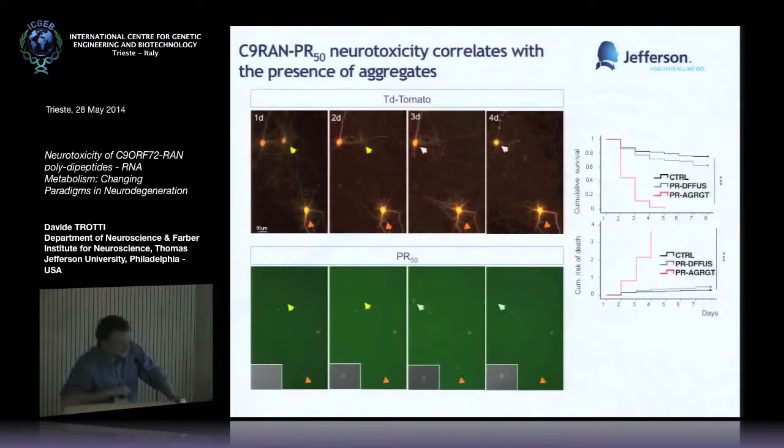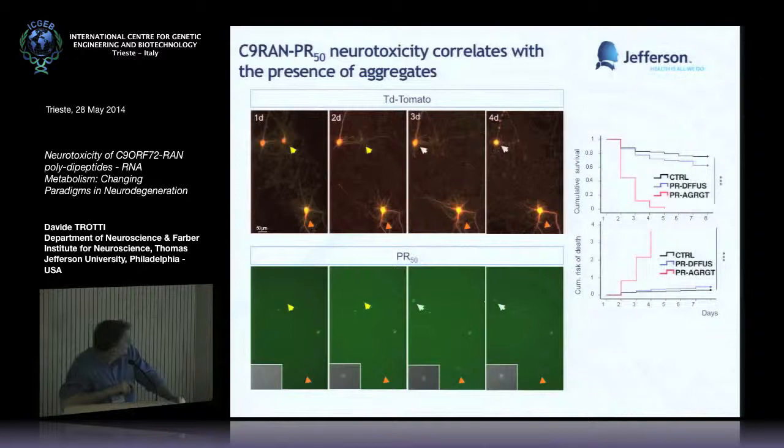The situation seems to be a little more complicated than that, because the neurotoxicity seems to correlate with the presence of aggregates. I would like to focus on this neuron here, day 1, that carries an aggregate of PR, and you can see that in the following days the neuron is gone.